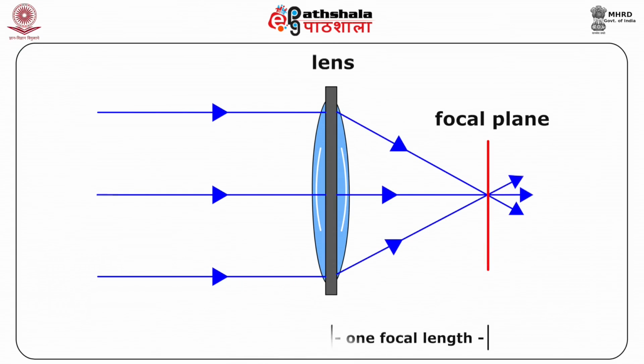The focal length of a lens is determined when the lens is focused at infinity. Fifth is the focal plane. The imaginary plane passing through the focus and perpendicular to the principal axis is known as the focal plane.